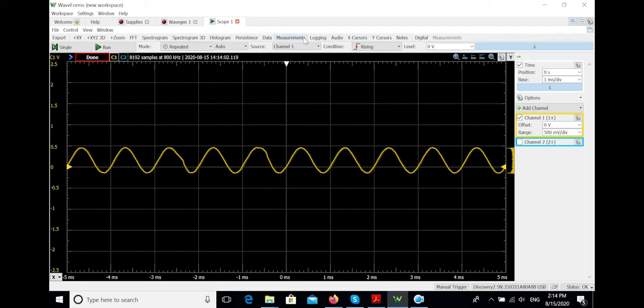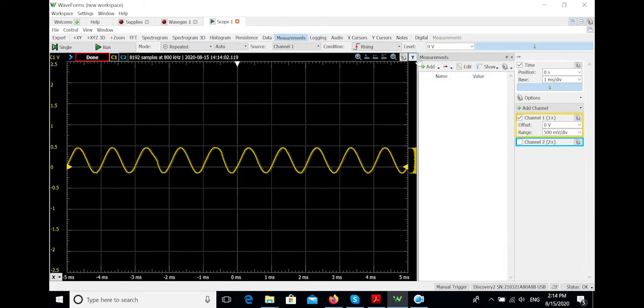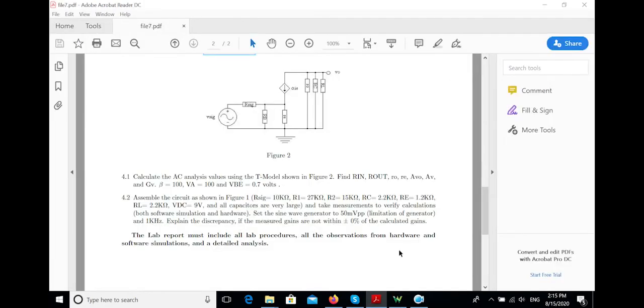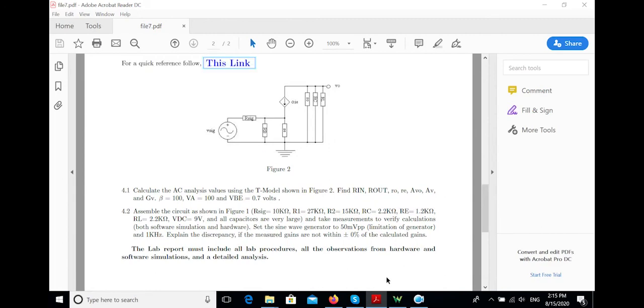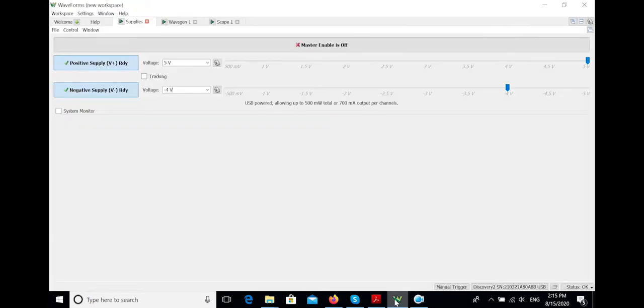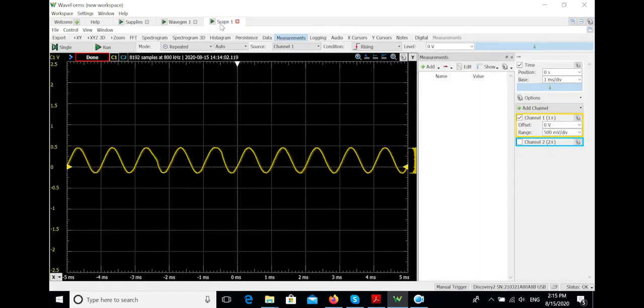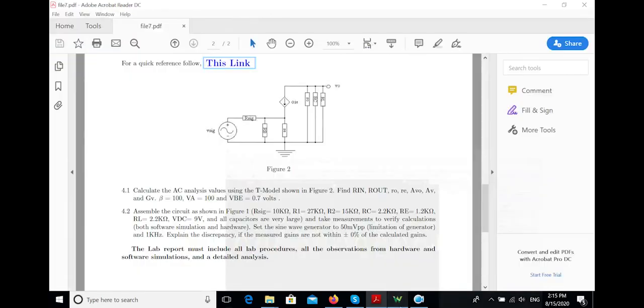You must remember that you can either use these quick measurements or use the measurement here to add some measurements, including peak to peak and frequency and these things. So these are the things that you need for now. So you just measure and find the total gain of the circuit, and then you need to answer the questions here.